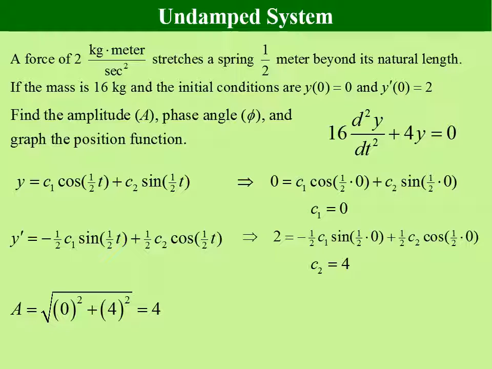So our solution then would be 0 cosine 1/2 t plus 4 sine 1/2 t in that format. Now we also developed the expression for A, which is the square root of C1 squared plus C2 squared, which in this case comes out to be just 4.